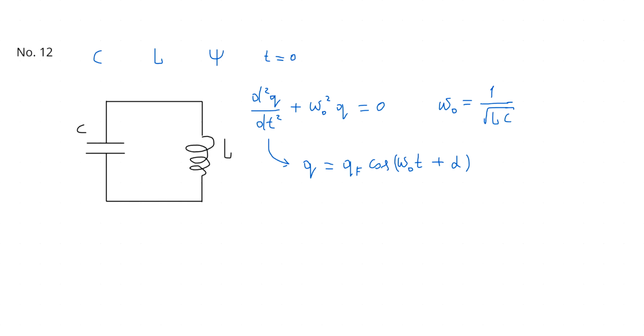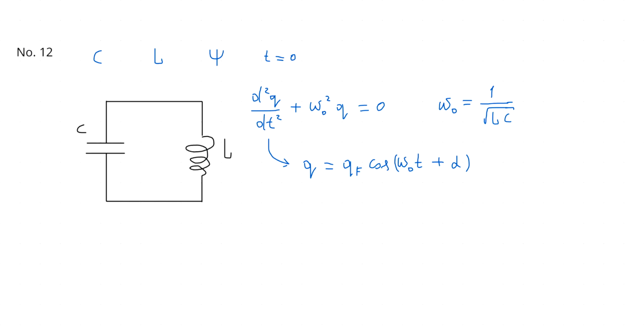So there should not be any problems with this. Okay, and what about these values QF and alpha? How to find them? They may be found from initial conditions.